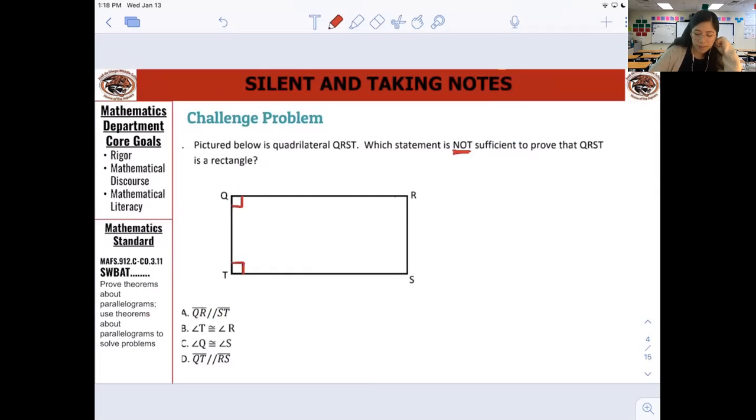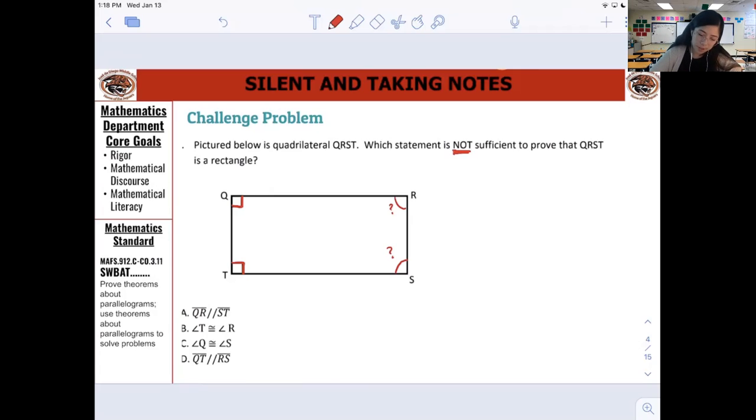Okay, we haven't been given the measurement of these angles yet. So we don't know yet if those are right angles. Now, if they are right angles, then we know it's going to be a rectangle, right? So the question is, which of these answer choices will help us to determine that those are right angles? So for example, let's go from the bottom up.